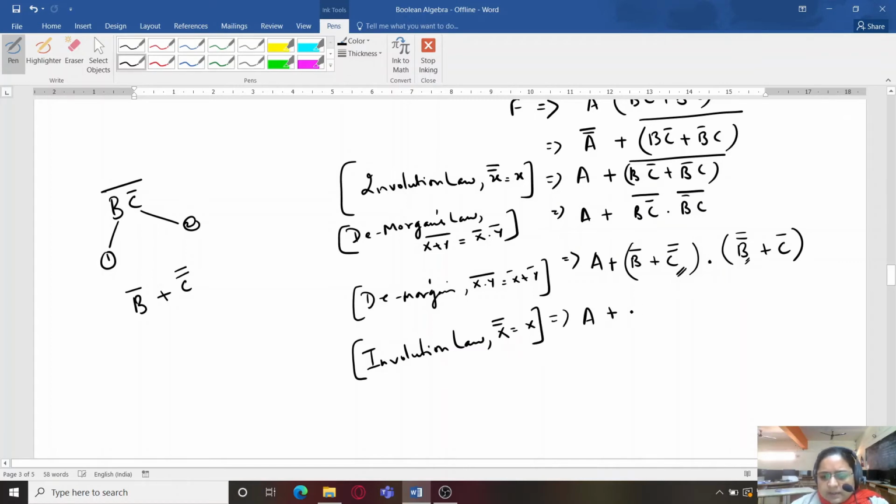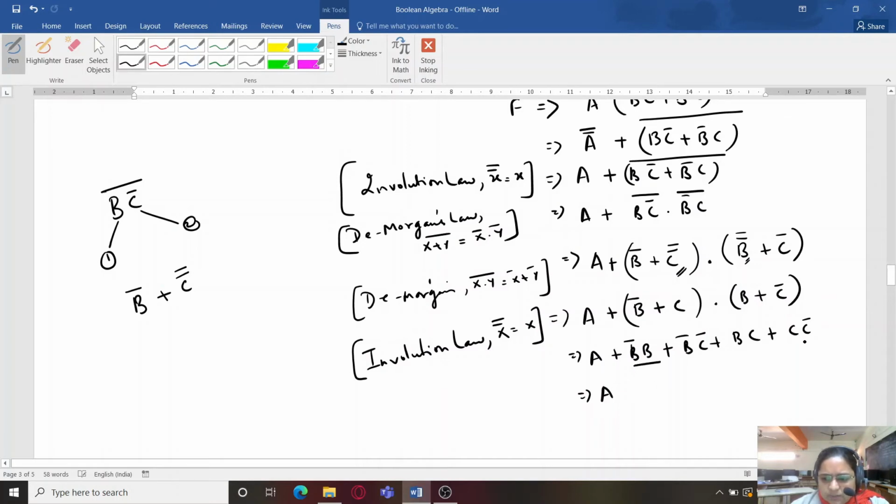A plus b complement plus c, b plus c complement, and now we will be just multiplying these: b complement dot b plus b complement c complement plus bc plus c into c complement.